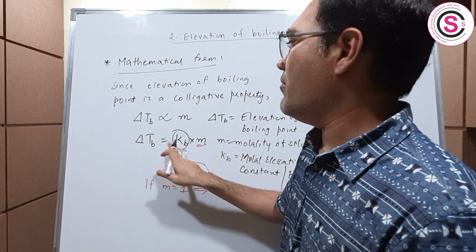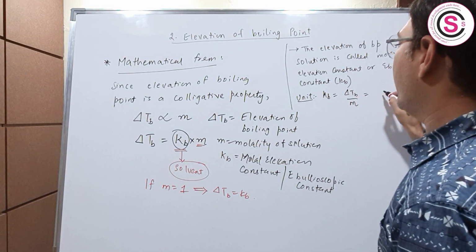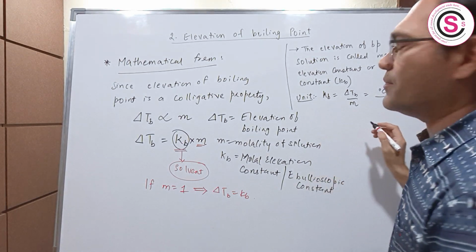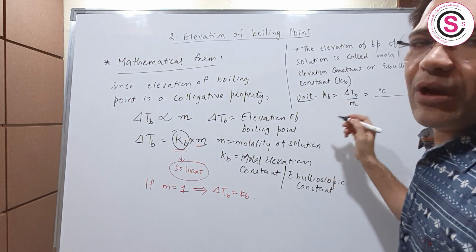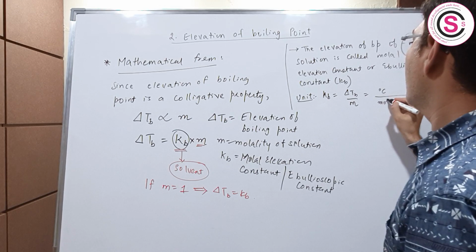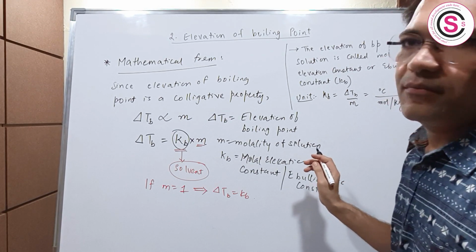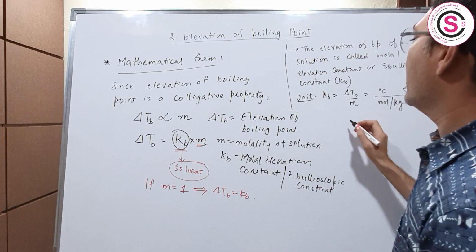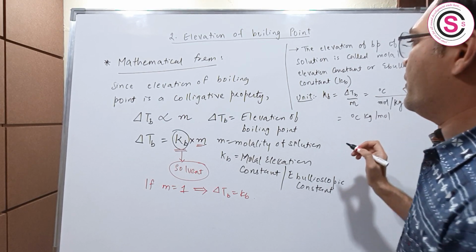So students, the unit of delta Tb will be degree Celsius if we take it, correct? And what is the unit of molality? The unit of molality will be mole per kg. Correct? So now this kg will go here. So what you get? Degree Celsius kg per mole.